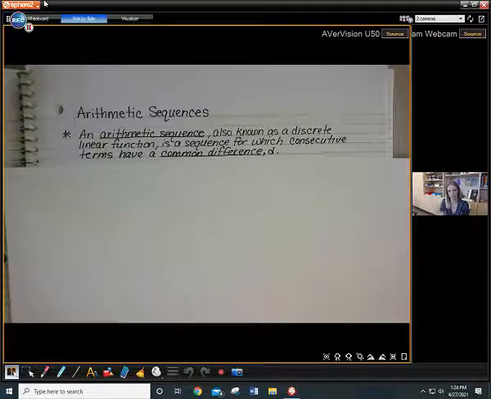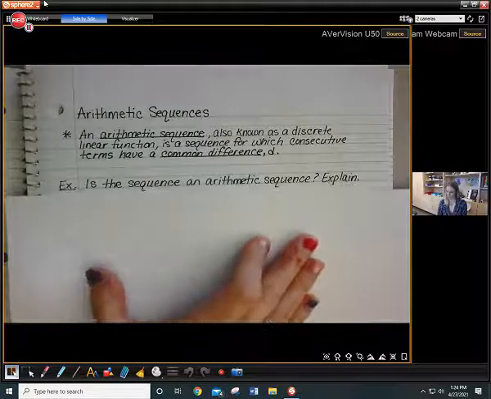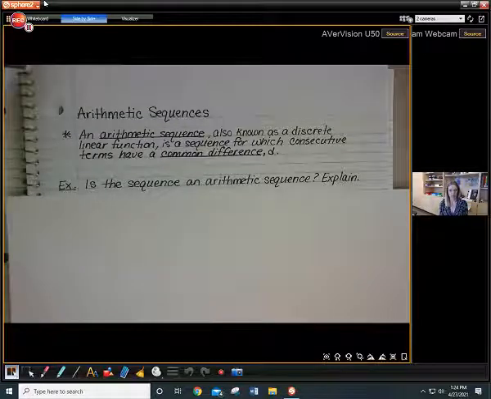And so what that means is that they are consistently adding the same number, or they are consistently subtracting the same number. So it has to be consistent for it to be arithmetic. All right, so I'm going to give you a question saying, is the sequence arithmetic? Again, are they constantly adding the same number, or are they constantly subtracting the same number?